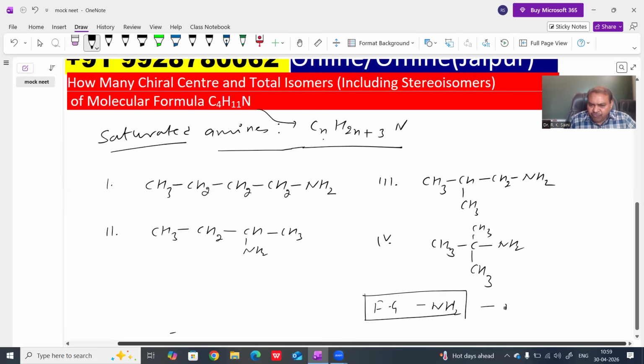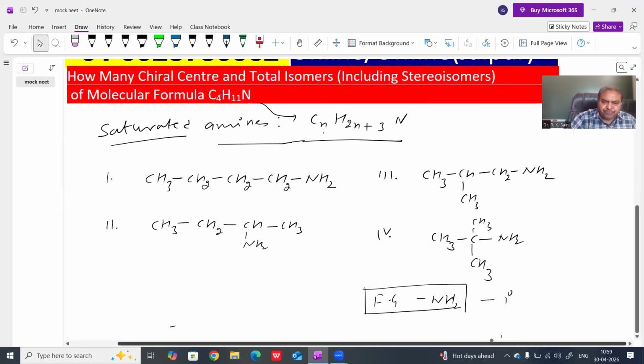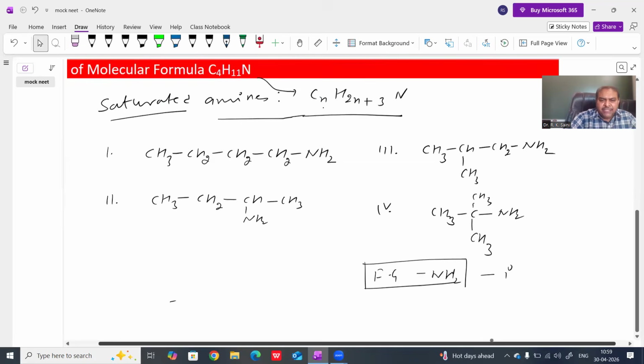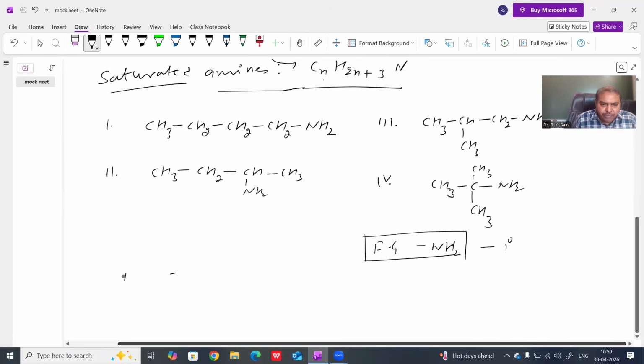Now, we write some structures of secondary amines also. In case of secondary amine, the functional group is NH.